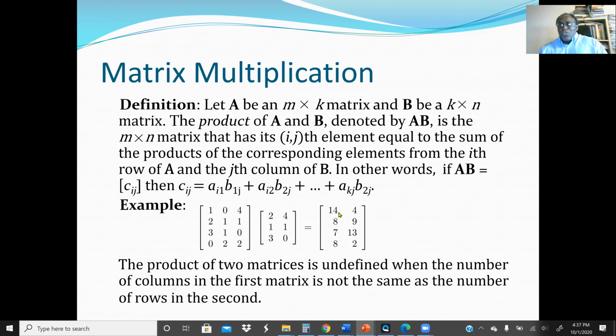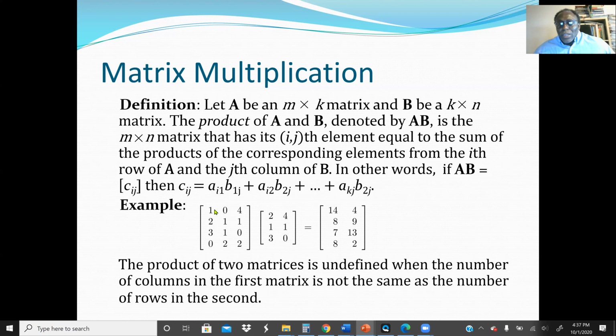So how do we get the 14 here? Let's go through this step by step. What we do is take the first row of the first matrix and multiply by the elements of the first column of the second matrix. You see that they are 3 by 3. That's why we said again, the number of columns should be the same as the number of rows. The position is very important, same as addition.